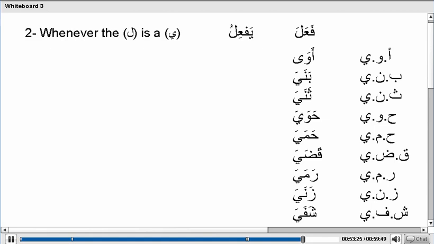Why? To indicate and hint to you that it was turned from a ya.